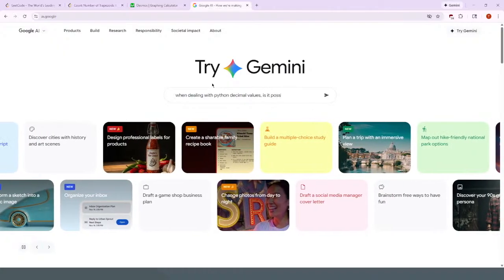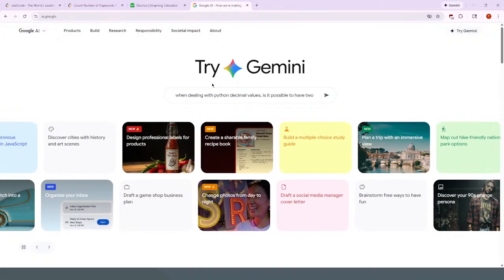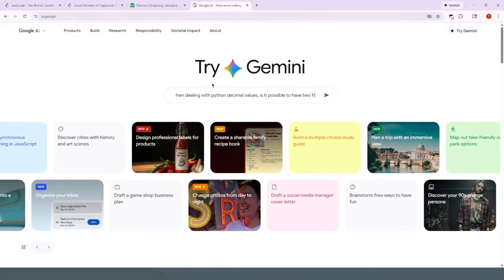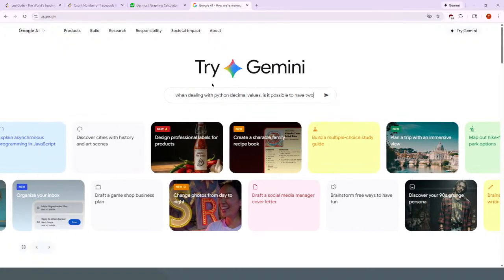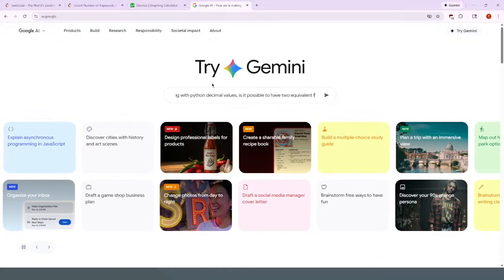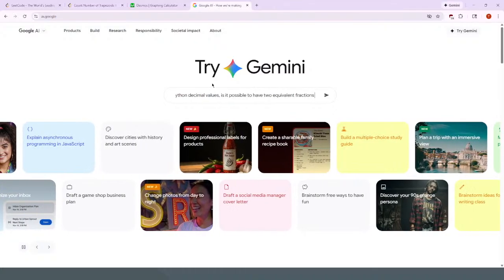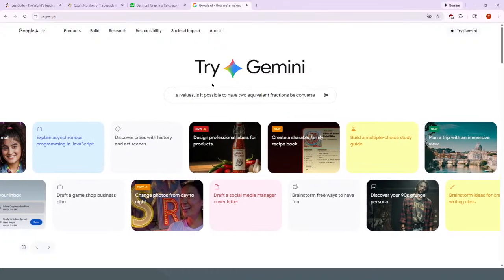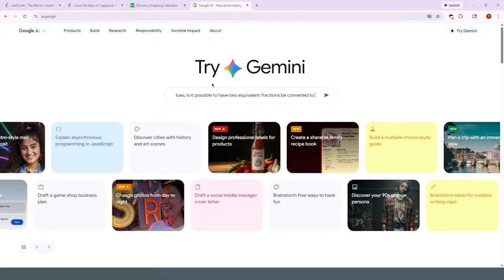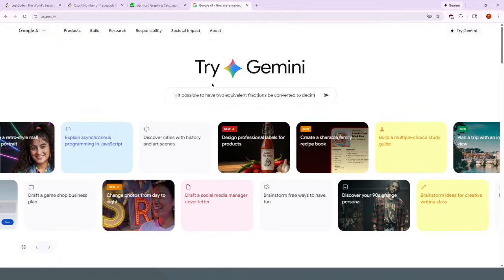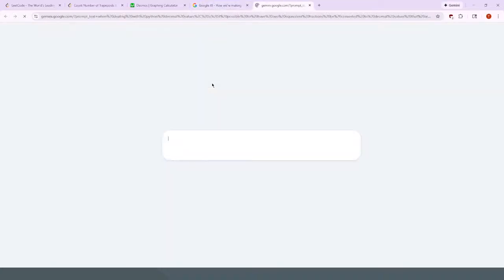Is it possible to have two equivalent fractions be converted to decimal values that are different? Because that does define my slopes.